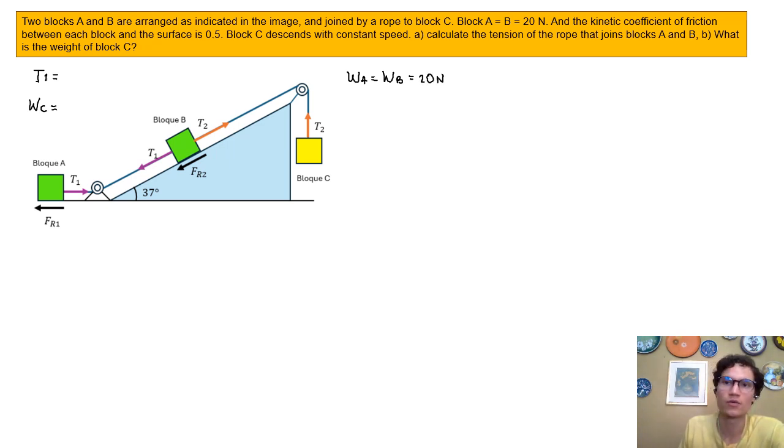We know the kinetic coefficient of friction between each block and the surface is 0.5, without units. And we know the block C descends, so the movement will be in this direction and with constant speed, so the acceleration will be equal to 0.